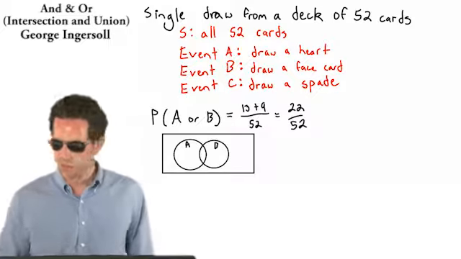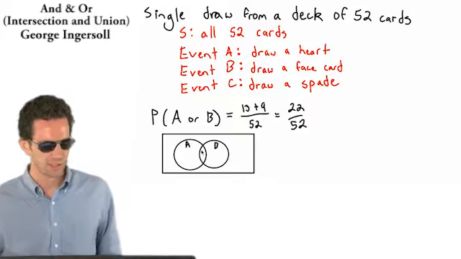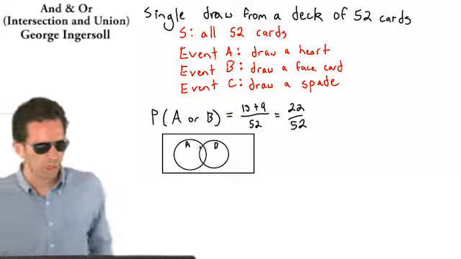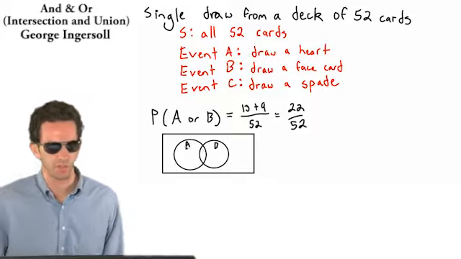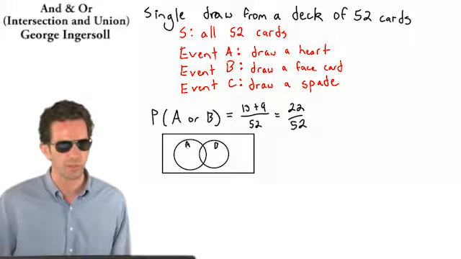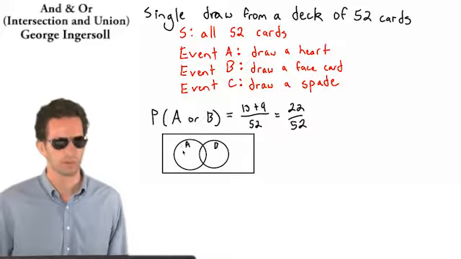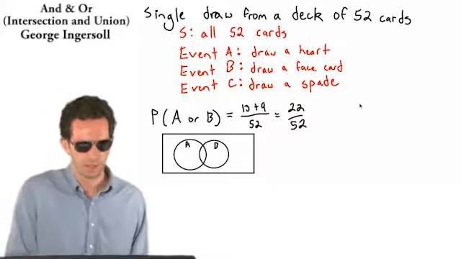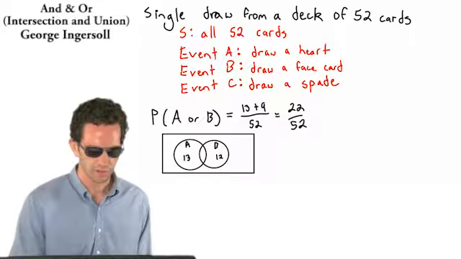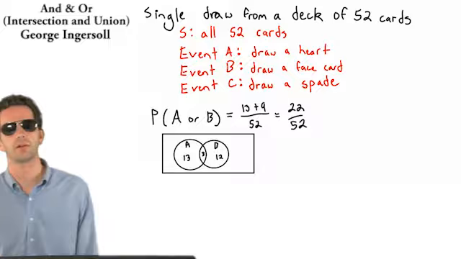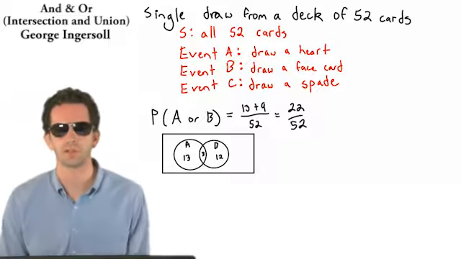And our intersection is the middle part right here. And mathematically, if we were to figure this out, not using common sense, there's 13 hearts, 13 right here, and there are 12 face cards. And in the intersection, there are 3 cards that are both hearts and face cards.